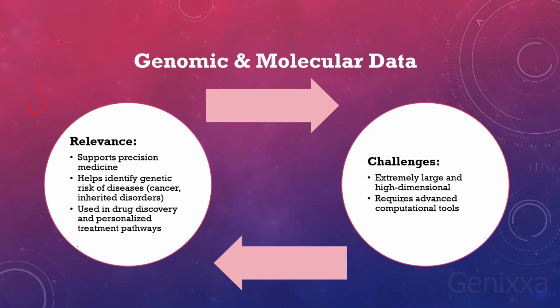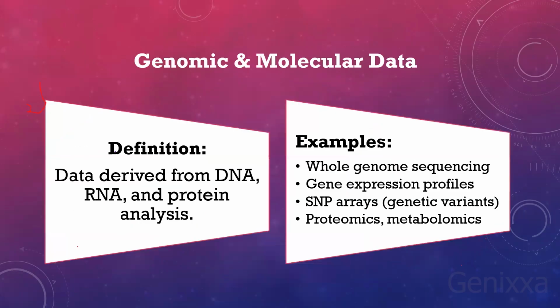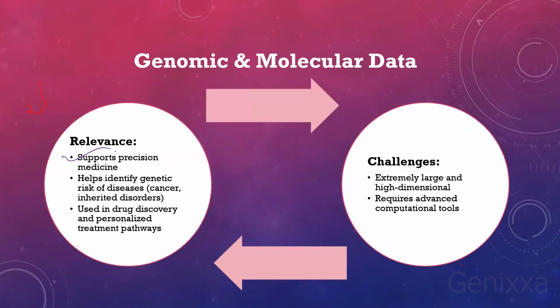In this genomics and molecular data, the relevance we can consider is supporting precision medicine, because this can provide very in-depth detail on how we can monitor patient profiles over different types of diseases, and we can observe the impact of different medications easily.